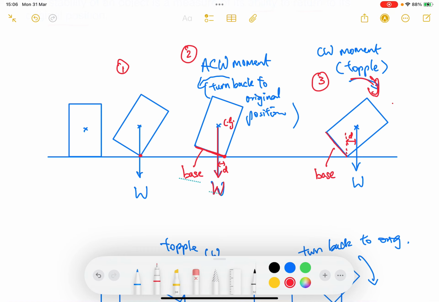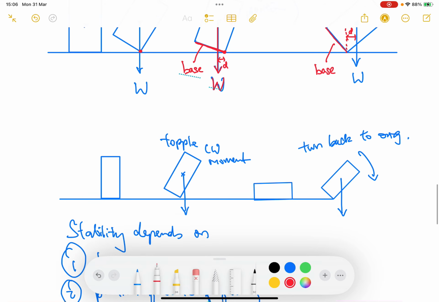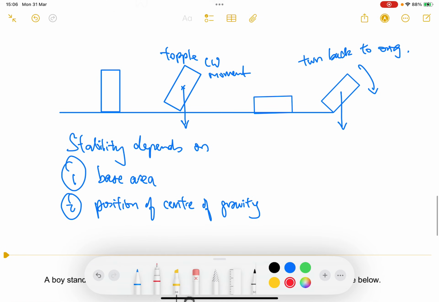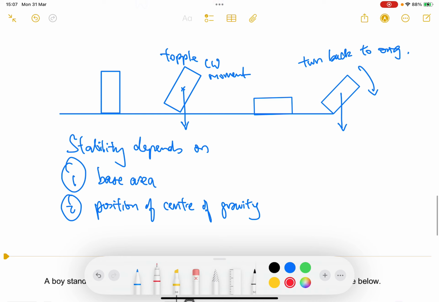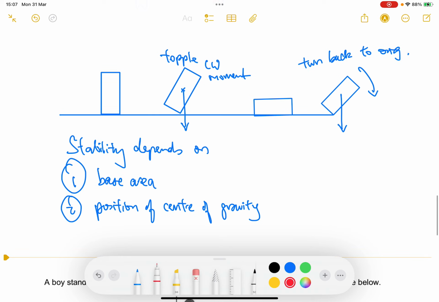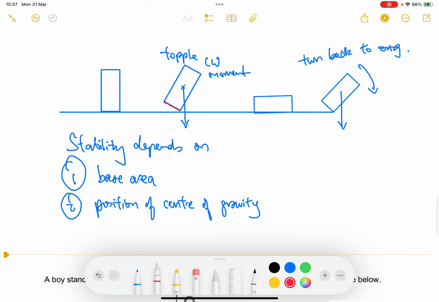So it will no longer turn back to its original position, but because the vertical line through the CG has gone beyond the base, it will turn clockwise and it will topple. Okay, so if the vertical line through the center of gravity is outside of the base, it will topple. If it is within the base, it will turn back to its original position.